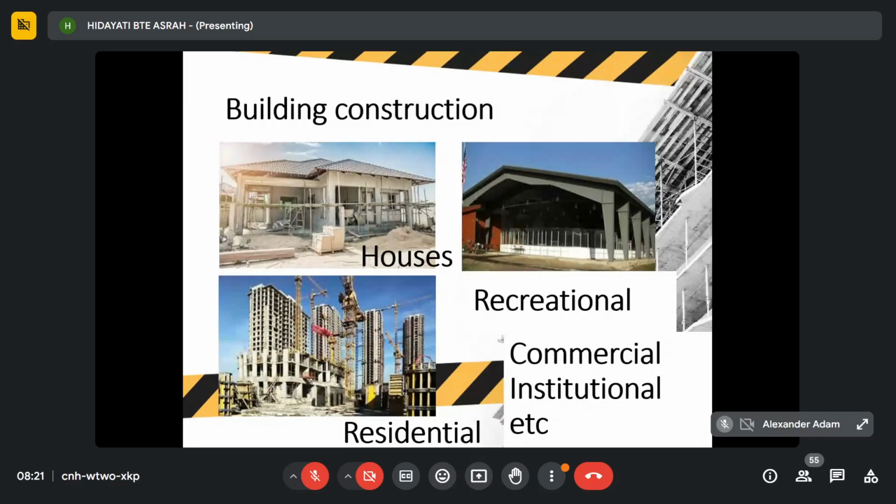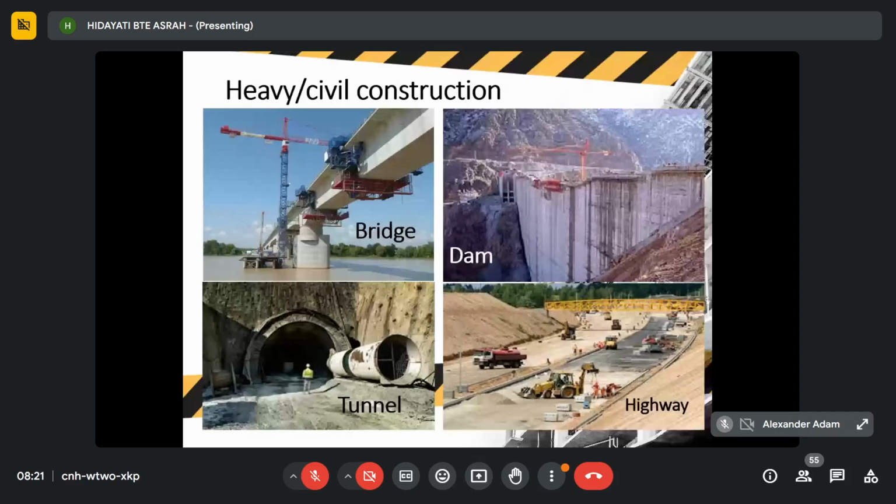Okay. And then the second one, heavy or civil construction. This involves the construction of infrastructure projects. Usually it is characterized by large scale and heavy duty structures. So any project which is large scale with heavy duty structures, you can classify it under heavy or civil construction.